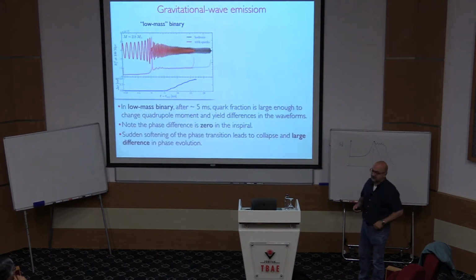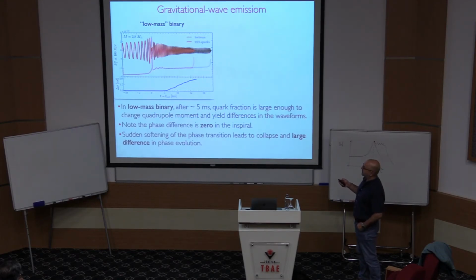If you ask yourself how the gravitational waveform looks, well, this is shown over here. The black is a fully hadronic equation of state, and the red is the one with quarks. Also shown is the frequency evolution of the signal in red or in black, and in blue is the phase difference between the two signals.